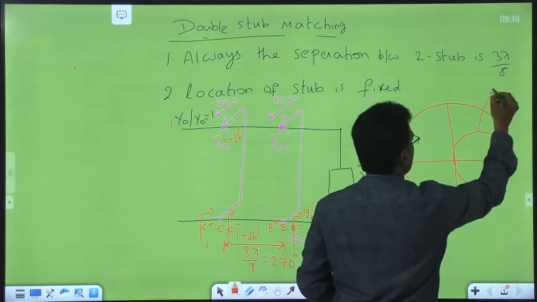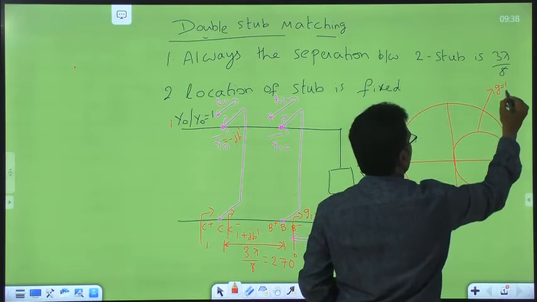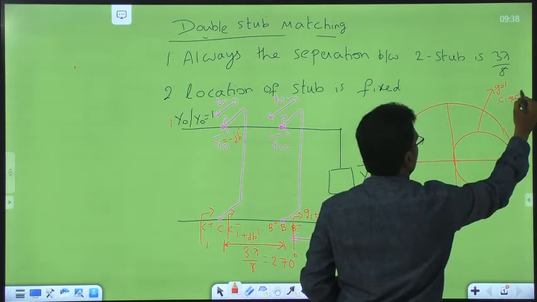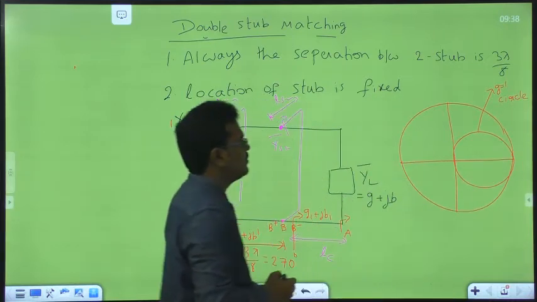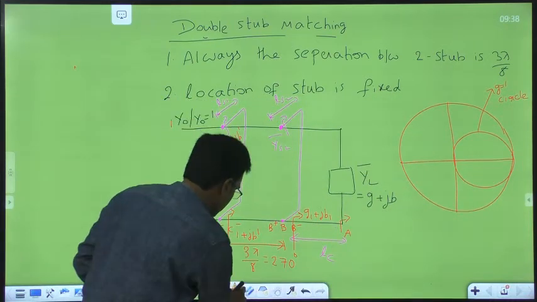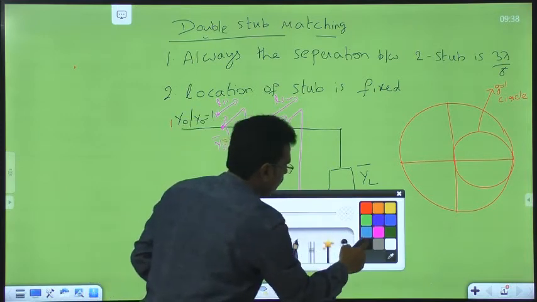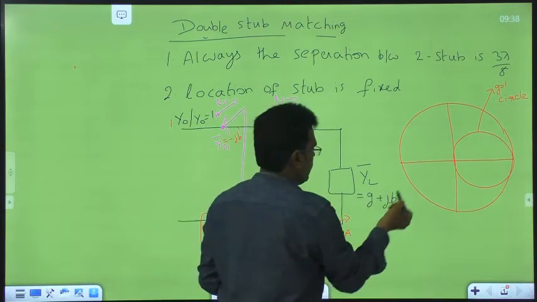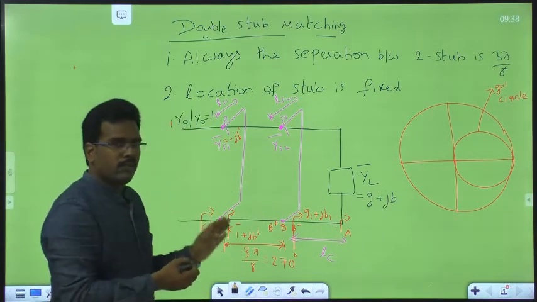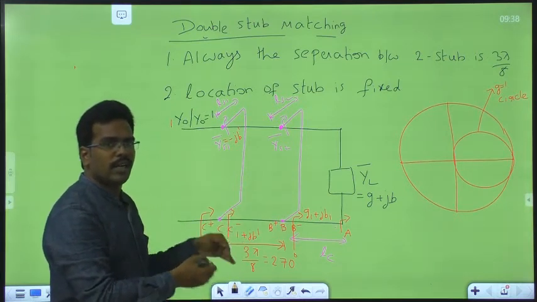Here, what is this circle? This is the G is equal to 1 circle. So first, try to draw the points here. Why I am drawing this, we'll understand a little bit later.